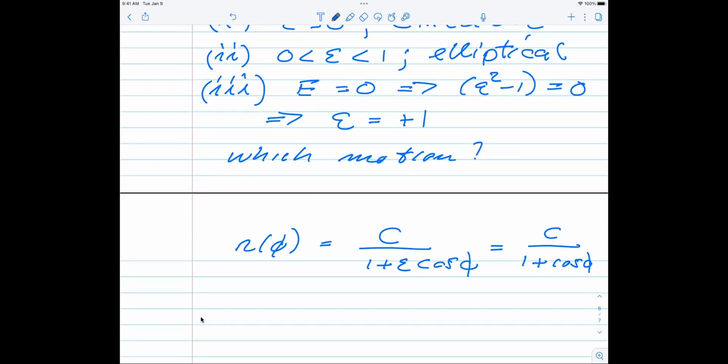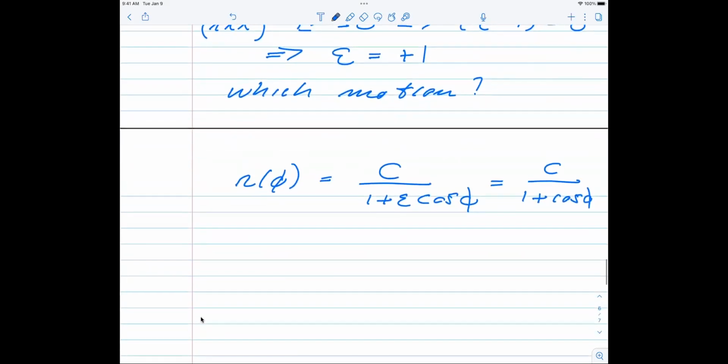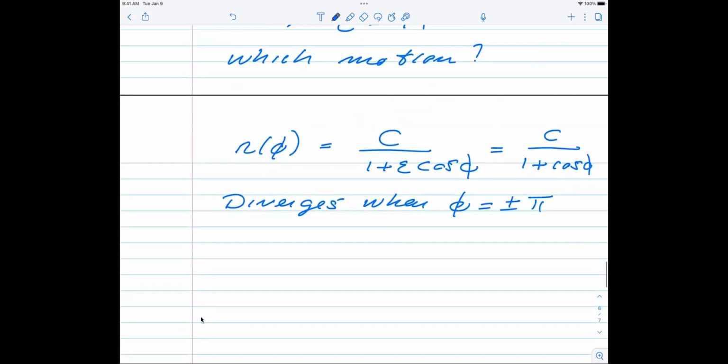So we can simply see that from the differential equation here and the solution to the differential equation. So this diverges when phi is equal to plus minus pi. So let's see now what kind of orbit we can get.